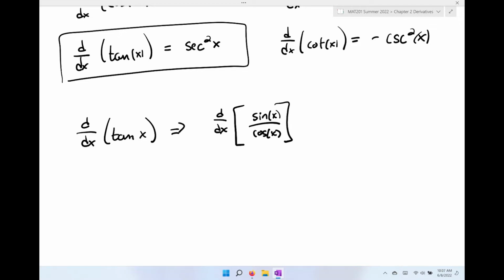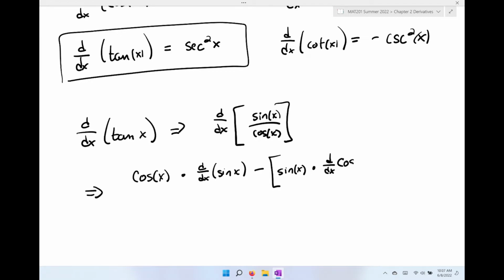over cosine, okay? Now, if I wanted to take the derivative of sine over cosine, I have to use my quotient rule. So the quotient rule is going to be cosine x multiplied by the derivative of sine x, minus, make sure you put that bracket there, sine x times the derivative of cosine x. Oh, let me put that in parentheses.